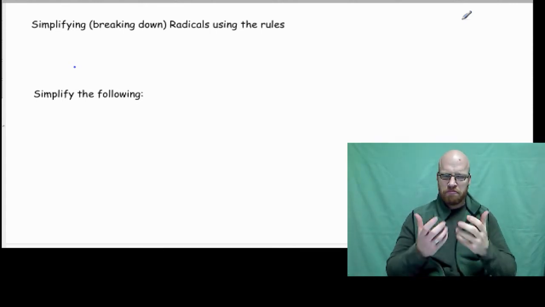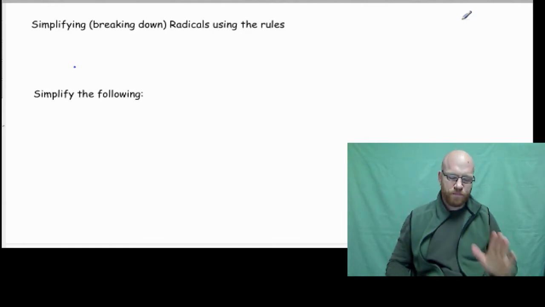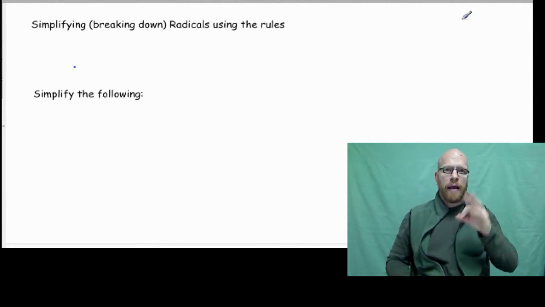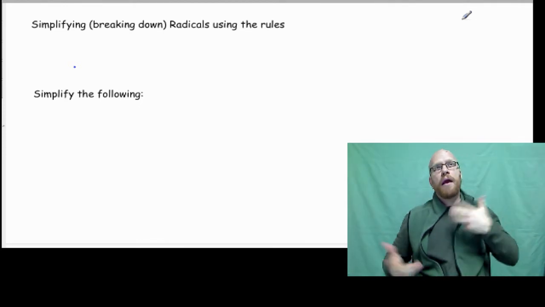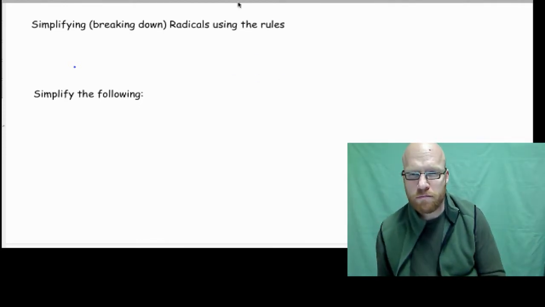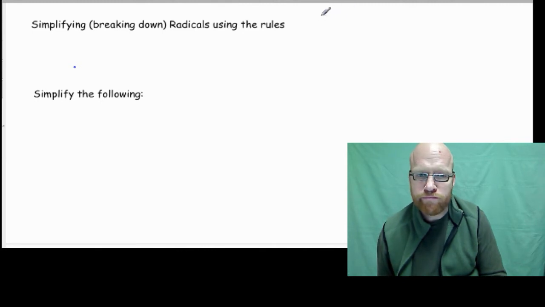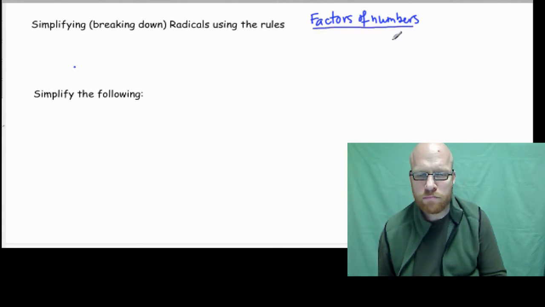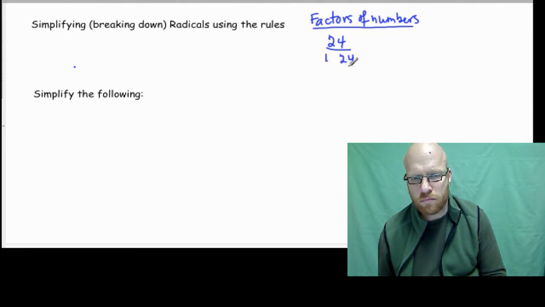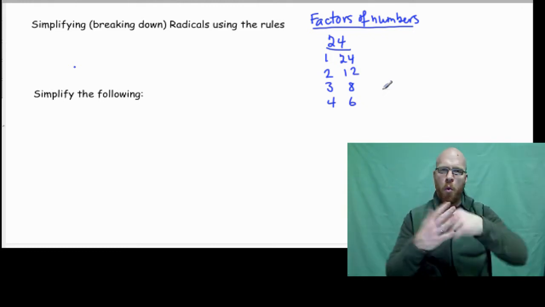Now, breaking down radicals, simplifying them. What does it even mean? Numbers have factors. Okay, those are all the factors of 24.